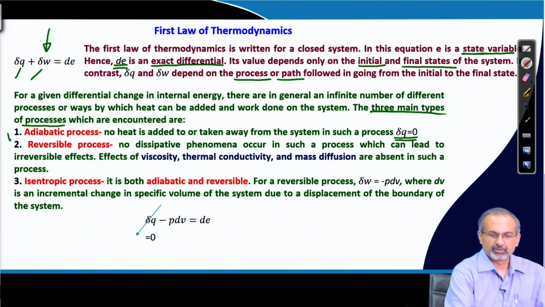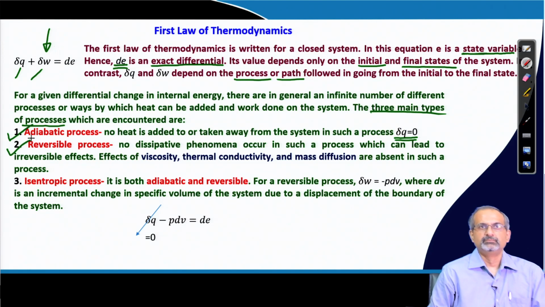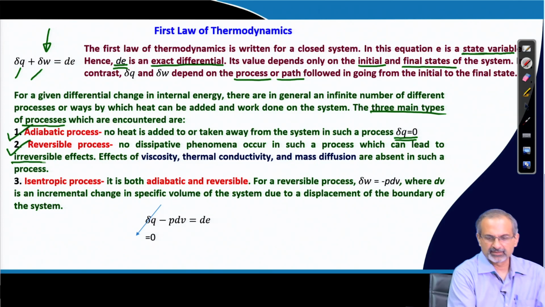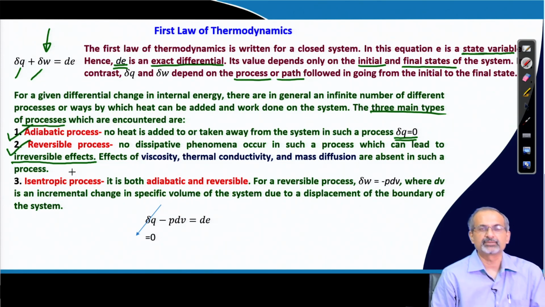This is a very important process. Then we talk about a reversible process. When does that happen? When no dissipative phenomena occur in such a process, which can lead to irreversible effects. That means, you cannot take the system back to its original state under any circumstances, because it is an irreversible effect which has occurred.